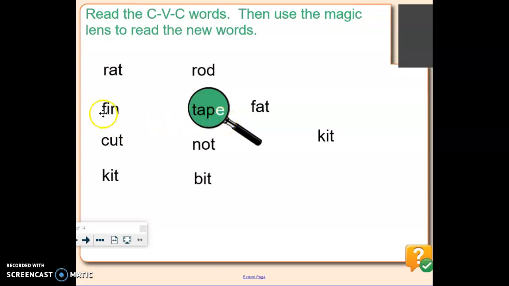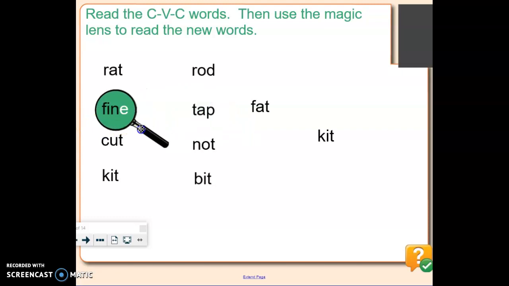Let's do a few more. Let's try this word over here. Right now, what does it say? Fin. But when we add magic E to the end, the new word is, well, with a magic E, I know E makes no sound, but I is not going to say i this time.